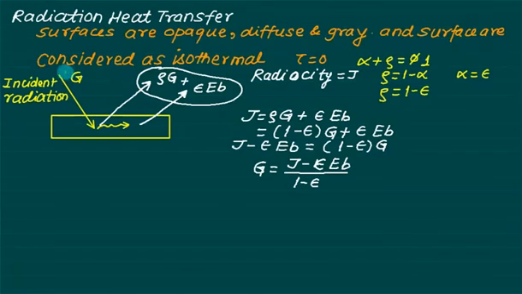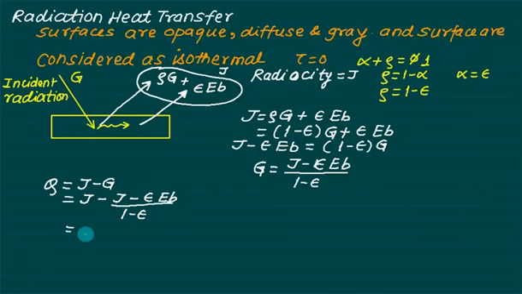The amount of energy incident upon the body is G and the leaving quantity equals J. So the net amount leaving the surface, Q, will be equal to J minus G, which equals J minus epsilon into EB upon 1 minus epsilon.